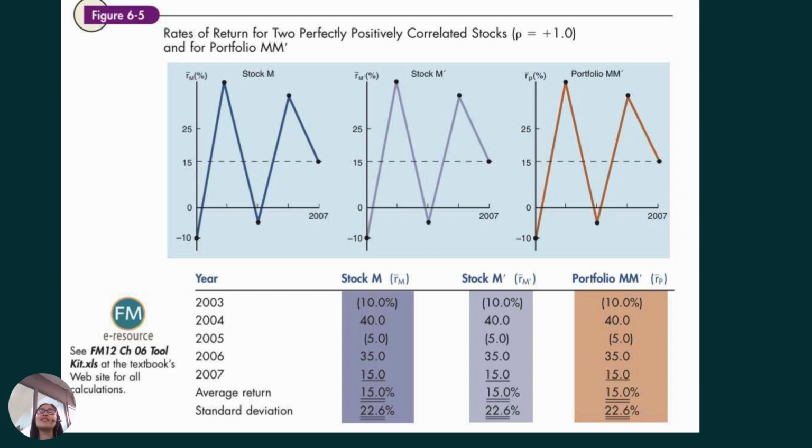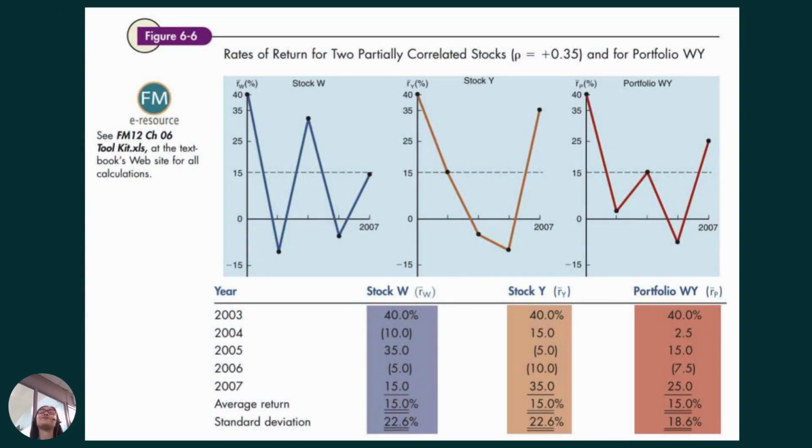In reality, virtually all stocks are positively correlated, but not perfectly so. Past studies have estimated that the correlation coefficient for the monthly returns on two randomly selected stocks is about 0.3 to 0.4. Under this condition, combining stocks into portfolios reduces risk but does not completely eliminate it.